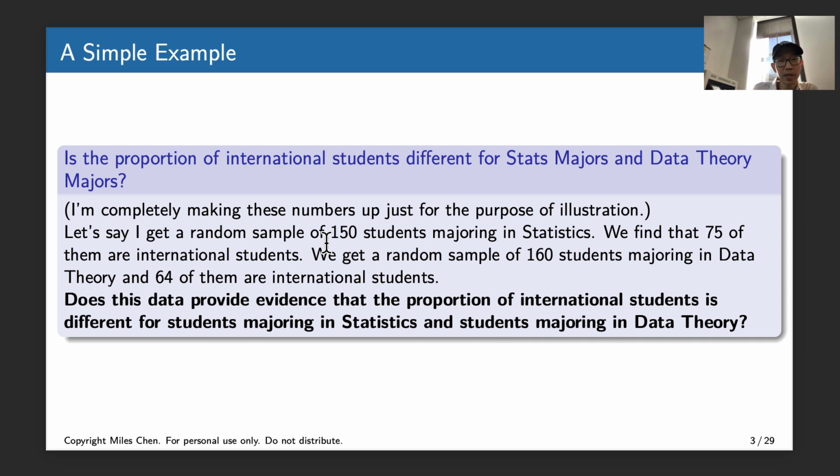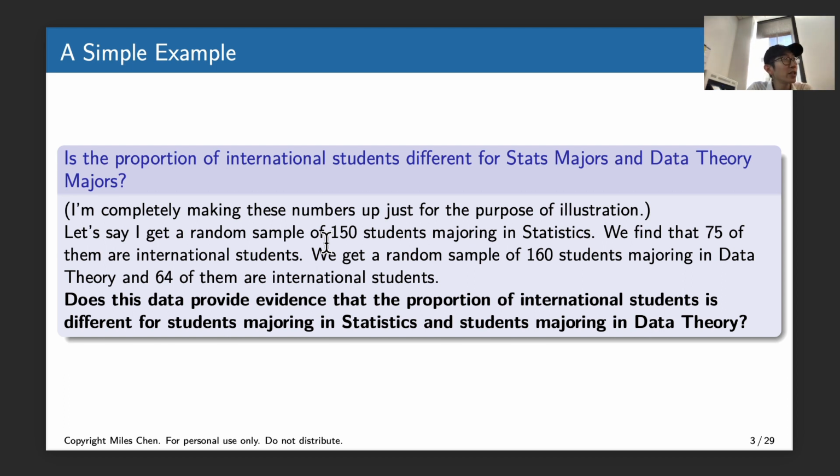Then a random sample of 160 students majoring in data theory, and 64 of them are international. So 64 out of 160 is 40%. Is that difference between 50% and 40% significant? Does that provide evidence that the proportion of international students is different for students in stats versus data theory? Same kind of question can be applied to all sorts of other scenarios.